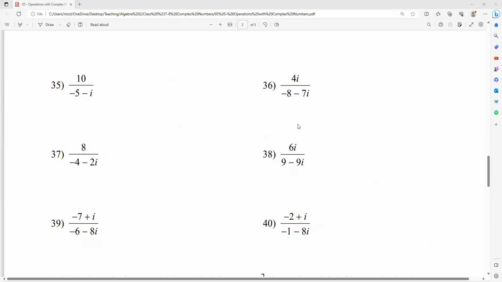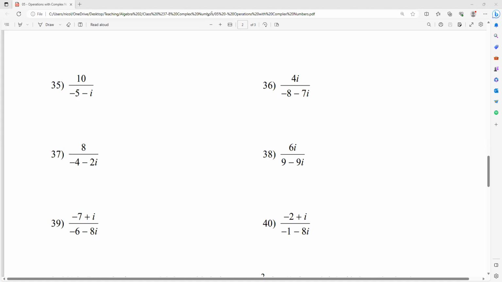All right, so these here, numbers 35 through 40, same thing. You're going to multiply by the complex conjugate by just changing the sign of i. So you're going to multiply top and bottom by negative 5 plus i, negative 8 plus 7i, negative 4 plus 2i, right, and so on. So let's do a more challenging one. Let's do number 39.